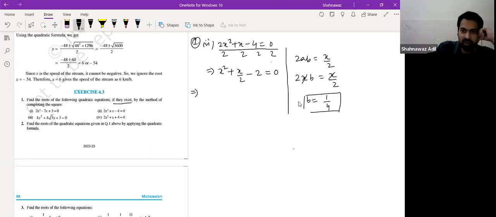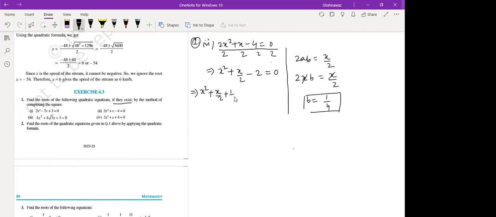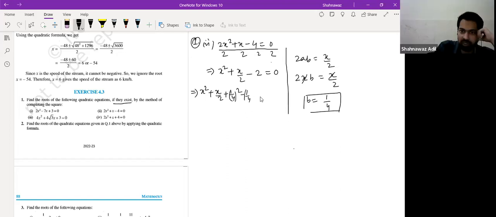So we have to add the square of 1 by 4 and subtract the square of 1 by 4. So (1 by 4) square minus (1 by 4) square, and this is 2. So this becomes what?